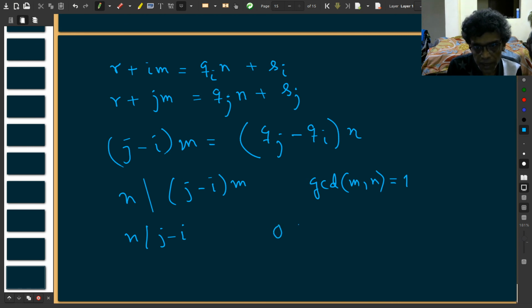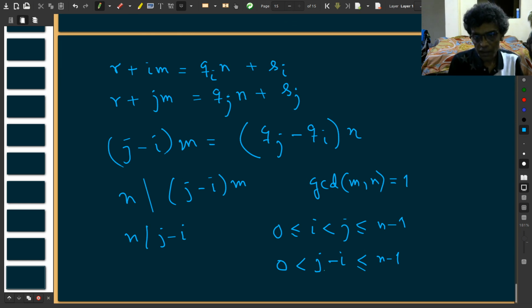I once again write 0 less than or equal to i, less than j, less than or equal to n minus 1. Then j minus i is greater than 0 and less than or equal to n minus 1.